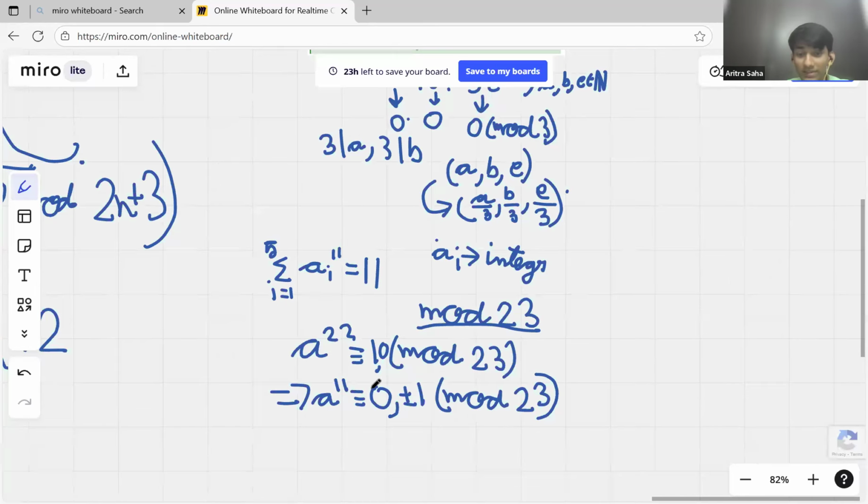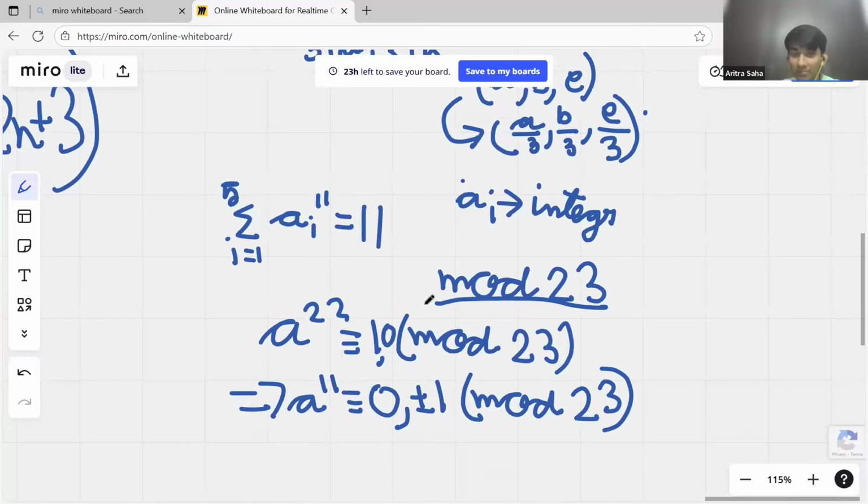So if you have 0 or plus minus 1 mod 23, then all of them are 1 or minus 1. There'll also be like 5 mod 23 or minus 5 mod 23. They can never be 11 mod 23.